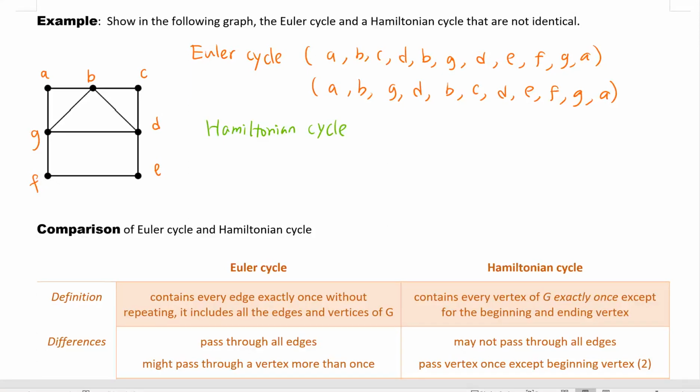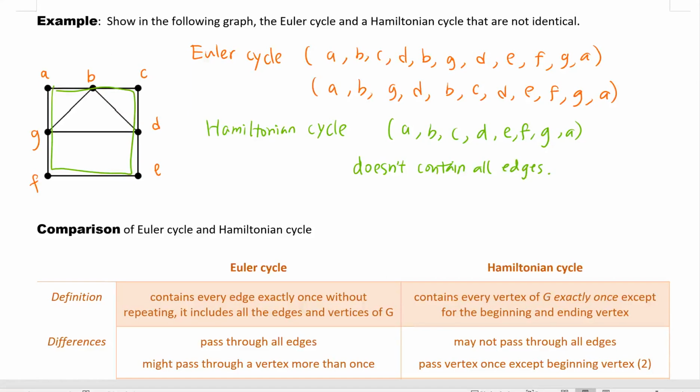Okay, so let's see here. Hamiltonian cycle, well, the easiest one, just this square. It passes through all the vertices, right? So that's A, B, C, D, E, F, G, A. And keep in mind, a Hamiltonian cycle doesn't contain all edges.